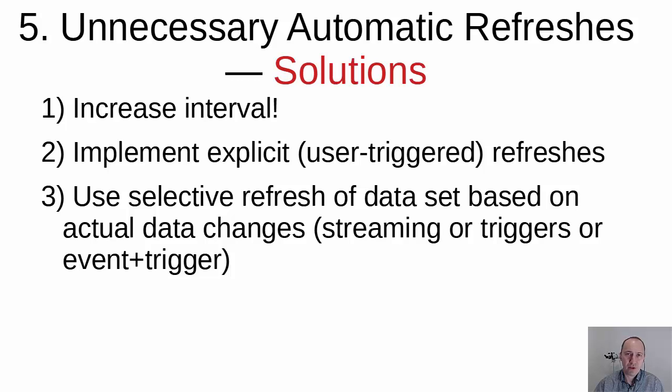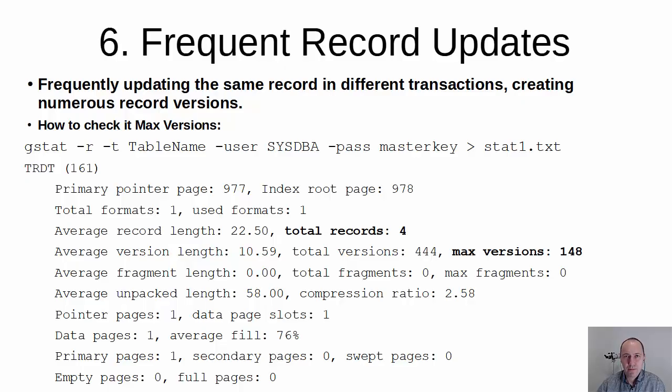The event can be produced by a Firebird trigger, which will fire the event, and the application receives the event and says, okay, now I really need to repeat that query.